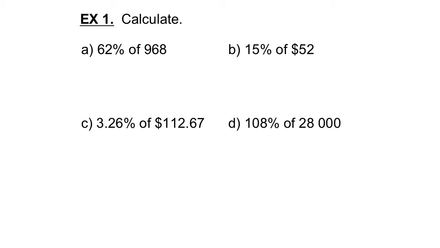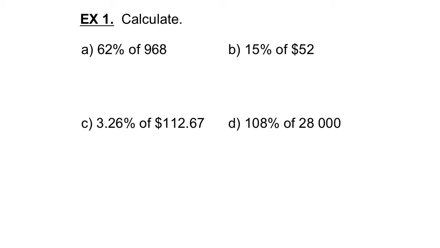Another common mistake is people will do 968 divided by 62, and they'll get 15.6 or something like that. Yeah, that's smaller, but use your head here. 62%, that's more than half. So we should get an answer that's more than half of this. Well, this is almost 1,000, so we're looking at something that's going to be over 500 thereabouts.